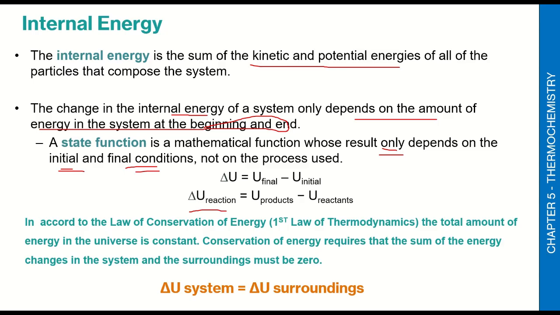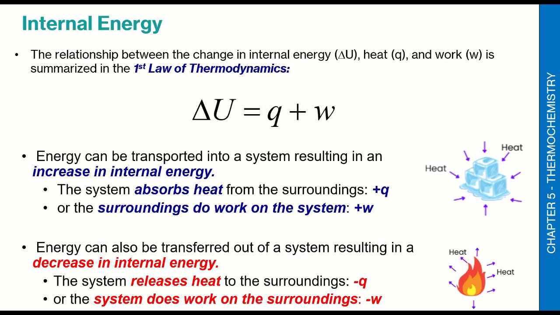In accord with the law of conservation of energy, the total amount of energy in the universe is constant. So the conservation of energy requires that the sum of the energy change in the system and the energy change in the surroundings must be zero. If you sum both, the total must be zero.